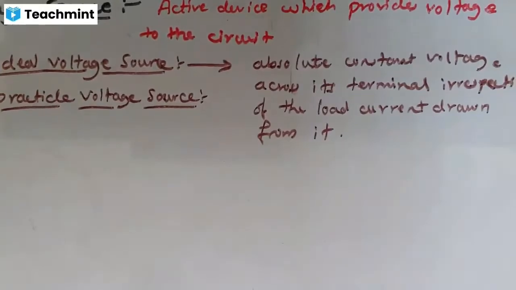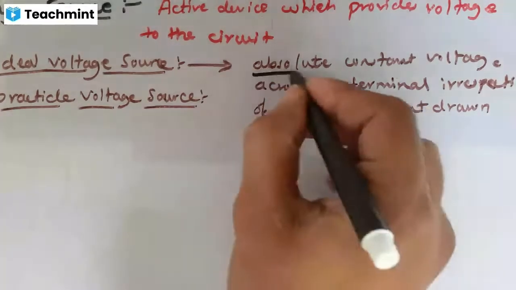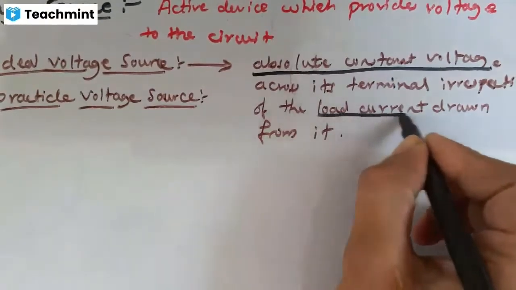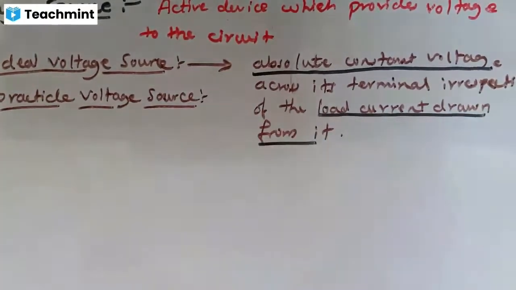Okay, what is this ideal voltage source? It is an active device which can provide absolute constant voltage irrespective of the load current drawn from it. This is what an ideal voltage source is.